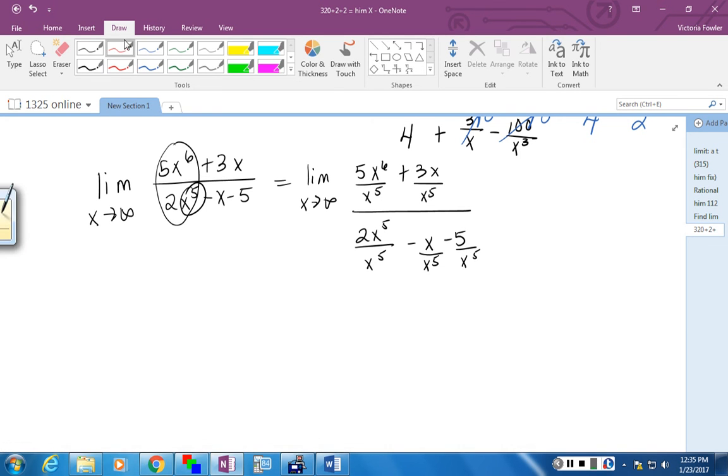You'd be able to see that this is going to end up going to 0, to 0, to 0. And so what I'm looking at are these dominating terms, is what I'll call them.